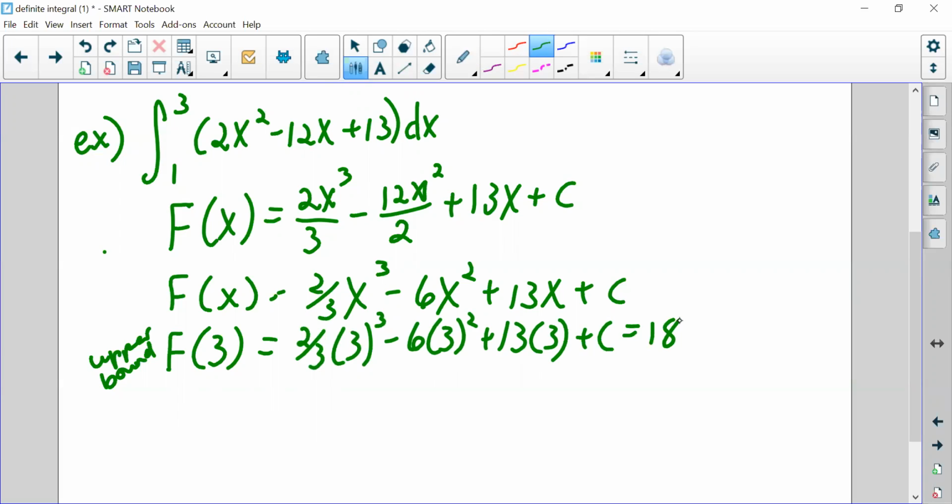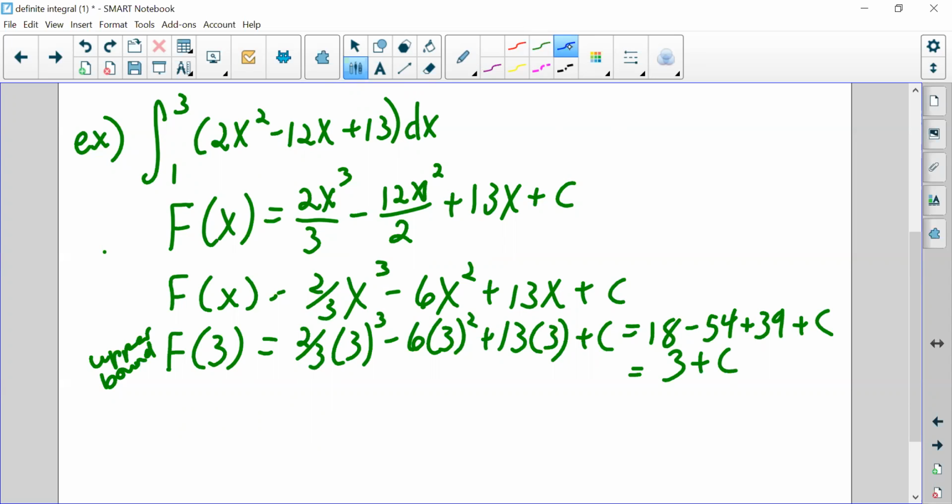What's 9 times 6? 54. So minus 54. 3 times 13 is 39, plus c. Now I've got to figure out 18 minus 54 plus 39, which is 3. So the antiderivative evaluated at 3 is 3 plus c.